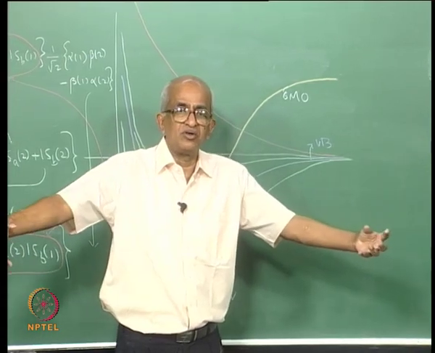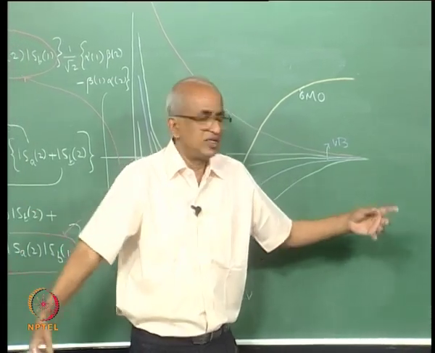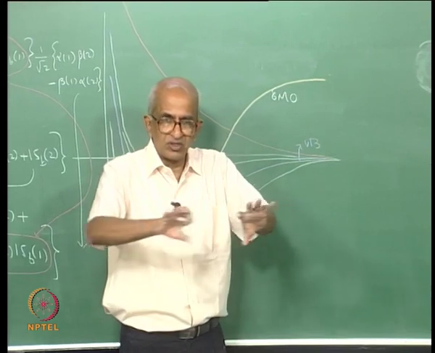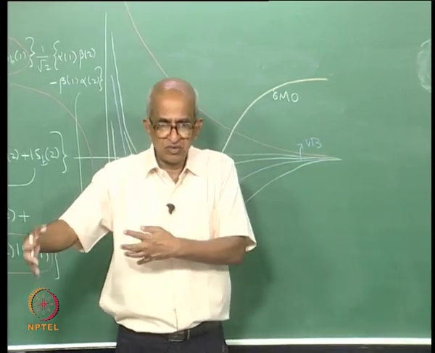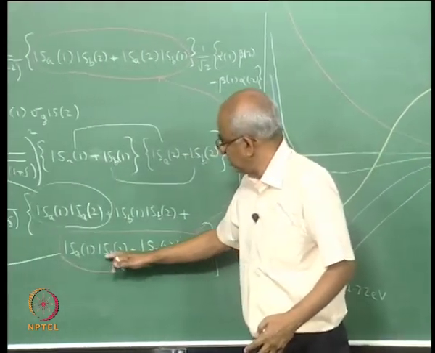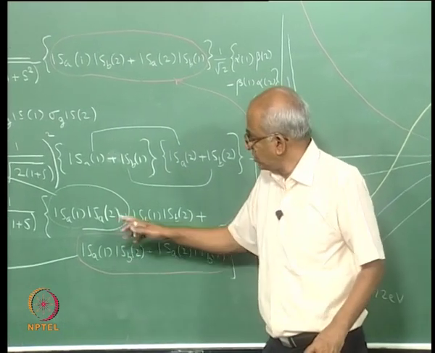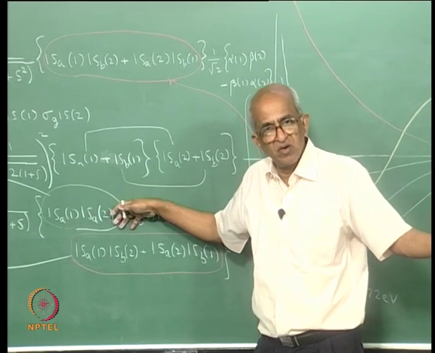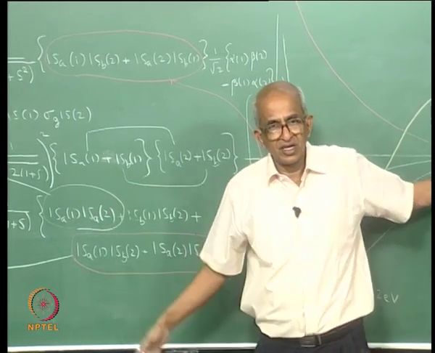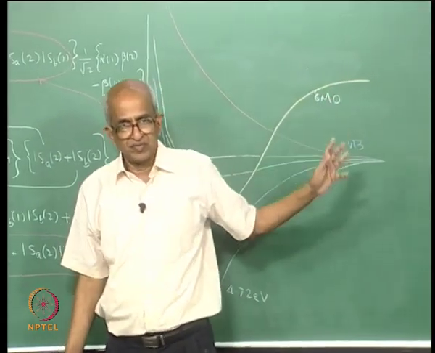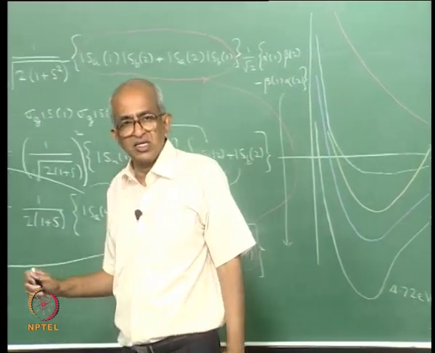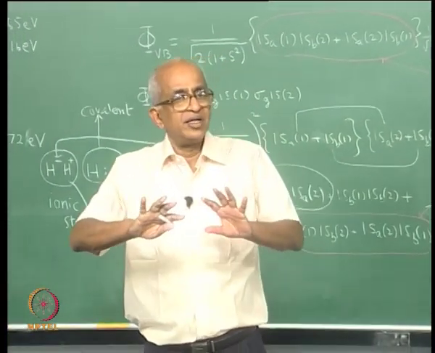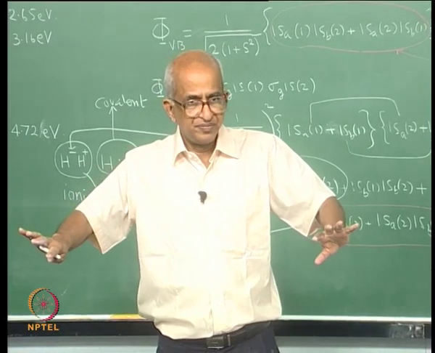It does not dissociate to 2 hydrogen atoms, but instead, when you dissociate, you can get 2 hydrogen atoms because it contains this part, but you can also get a positive ion on one side and a negative ion on the other side. That is what molecular orbital theory says, and that definitely cannot be true. And this is the reason why MO theory gives you totally incorrect dissociation limits.